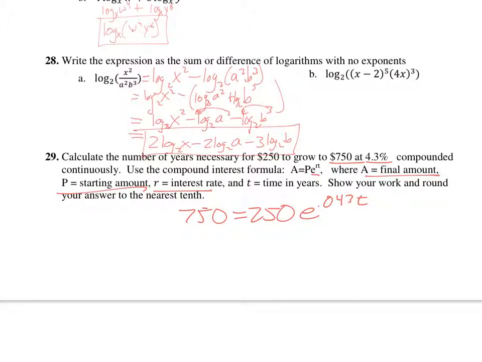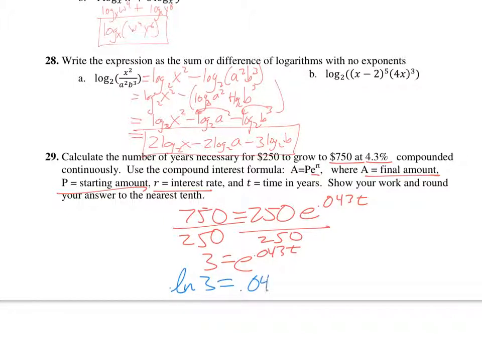It's an exponential equation, so we got to get the exponential all by itself. Let's divide by 250. 3 equals e to the 0.043t. Take the natural log of both sides, or just change it into logarithmic form. The natural log of 3 is 0.043t. Swinging the exponent around here.